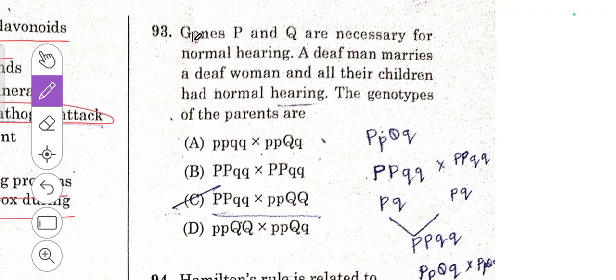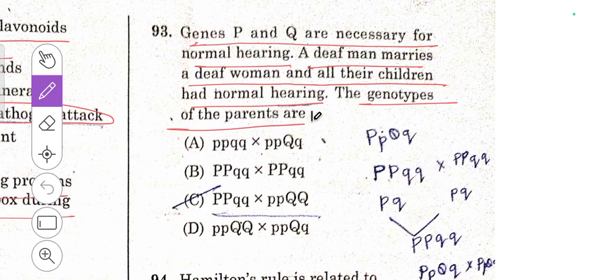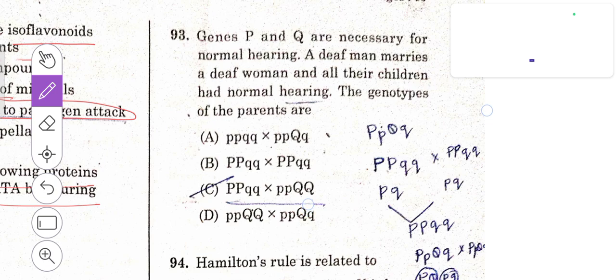Then 93rd question, genes P, Q are necessary for normal hearing. A deaf man marries a deaf woman and all children had normal hearing. The genotype of the parents is heterozygous. So C is the right answer.